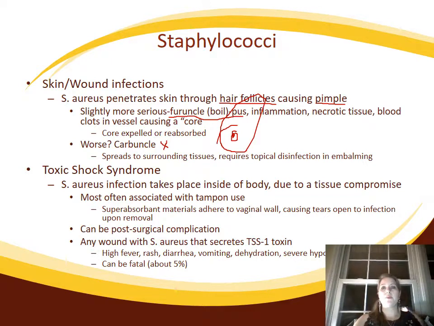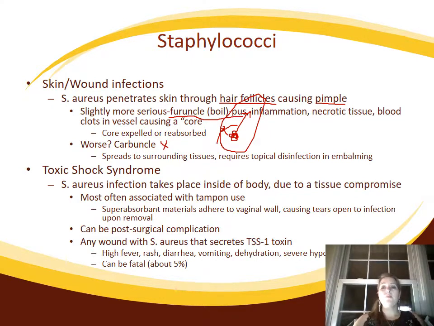Okay, it's going to spread out through those surrounding tissues. You might have a core in this particular area, but it is spread all the way out into other areas. And these particular types of infections are going to require some topical disinfection when you're embalming.